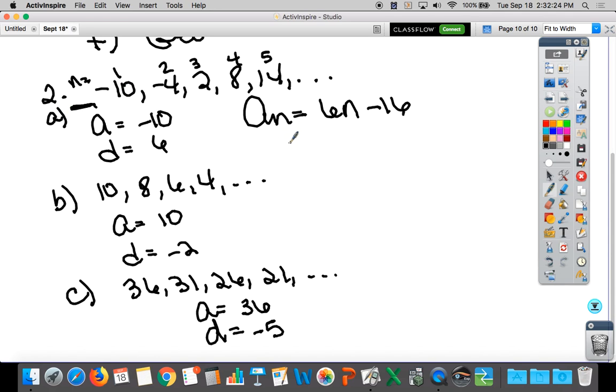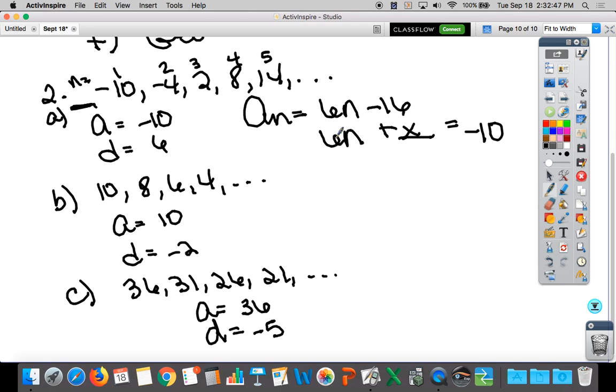Now, let's look at it this way. This is option number 2. So 6n plus something equals negative 10. I've got 6n plus some number x is going to equal negative 10. And I pick negative 10 when my n is what? 1.